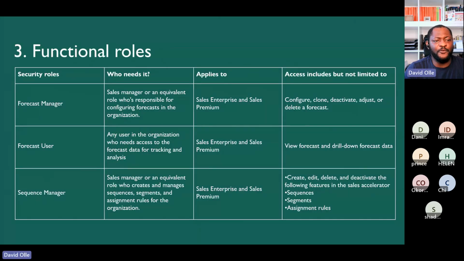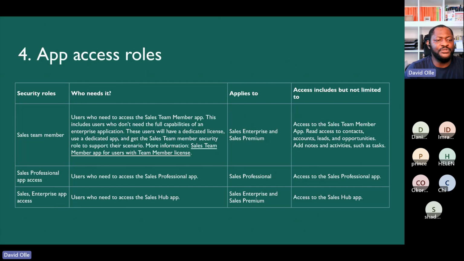Then you've got the functional role, which is your forecast manager, and I wouldn't dwell too much on this one. The app role is about getting access. If you don't have a sales team access role, you probably will not be able to access.